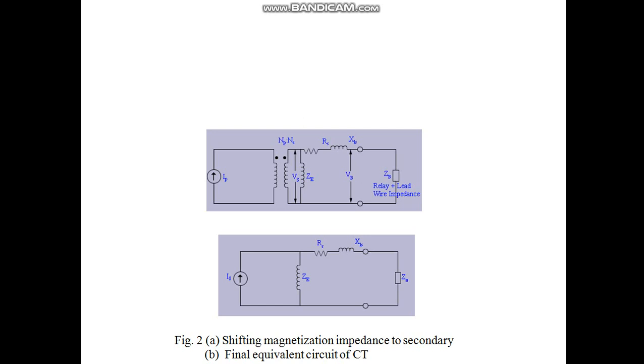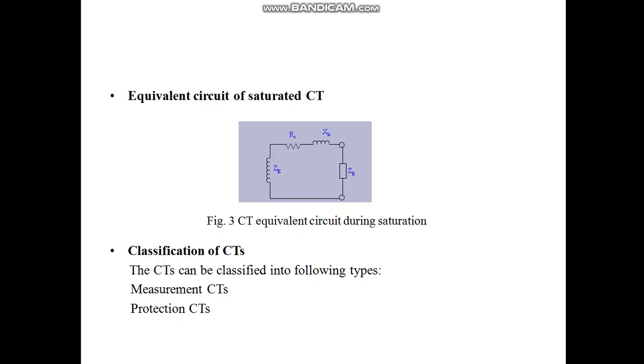We can further simplify the equivalent circuit of the CT, which is like our figure 2A, by transferring the current source through the ideal transformer to the secondary side. Thus the equivalent circuit of the CT is the one shown in part B of our figure 2.